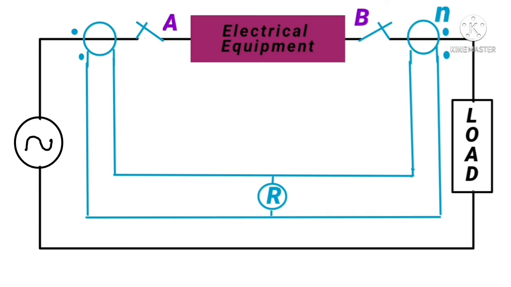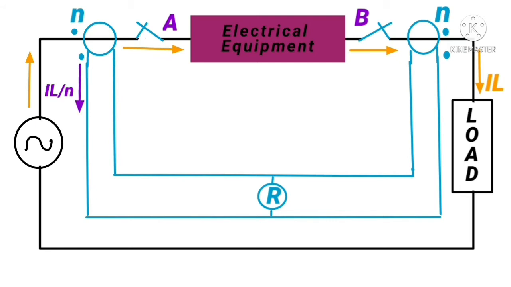Now, during healthy condition, our source will be feeding the load. In this manner, let's say IL is the current flowing through the load. As you can see, in this case both CT primary currents are the same, so the CT secondary currents should be the same because the CT ratios are the same.